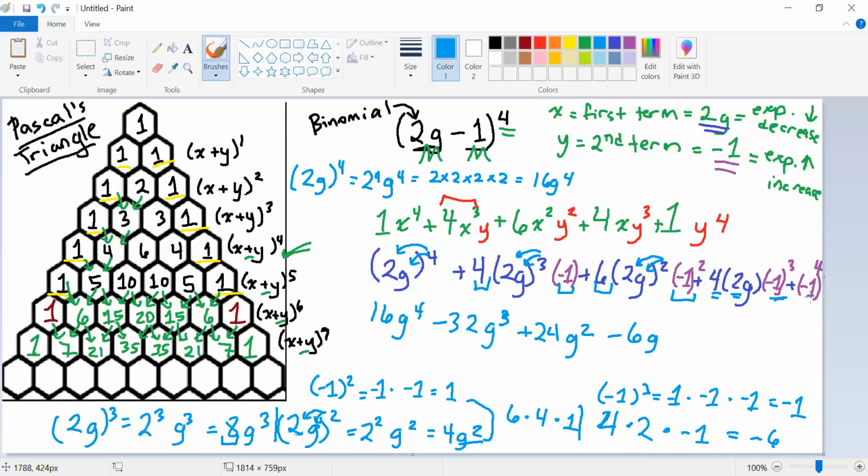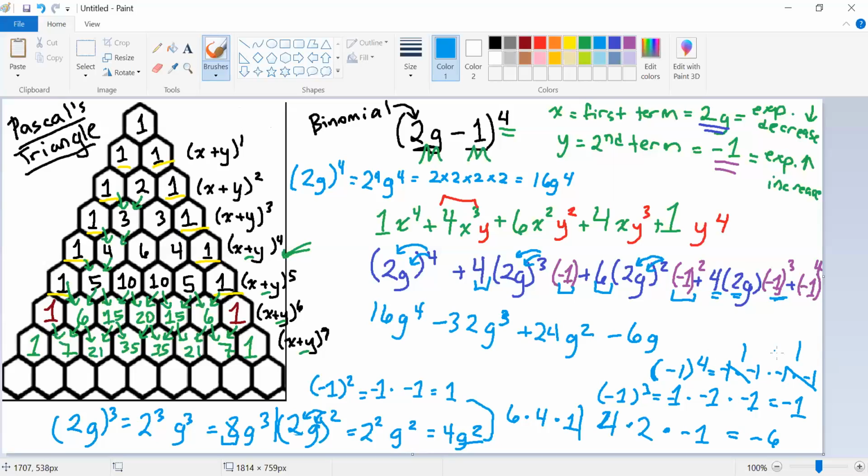Now here, negative 1 to the 4th power is going to be the same as negative 1 times negative 1 times negative 1 times negative 1. So these two, they're both negative, so I know it's going to be a positive 1. And this is both negatives.